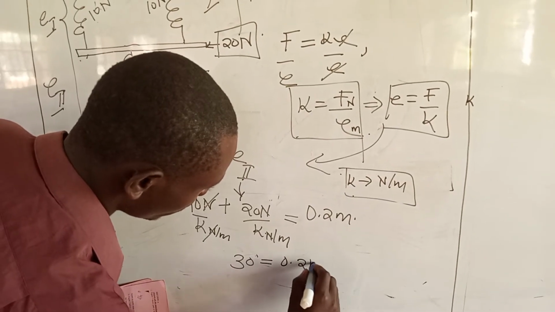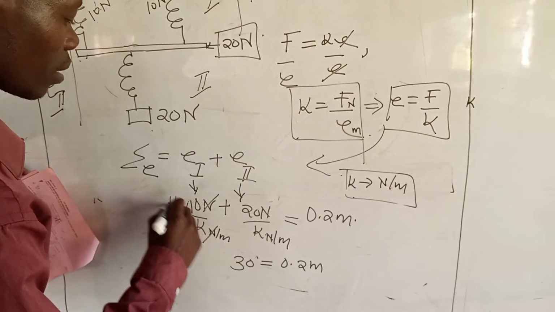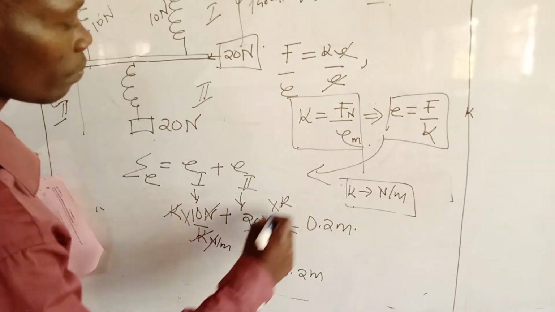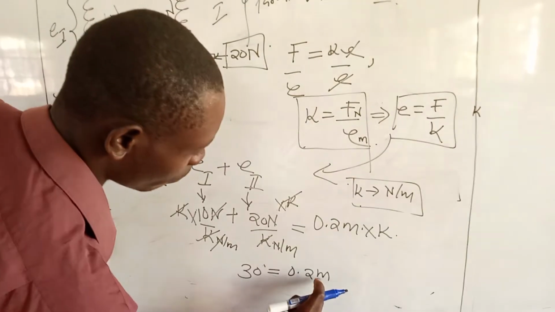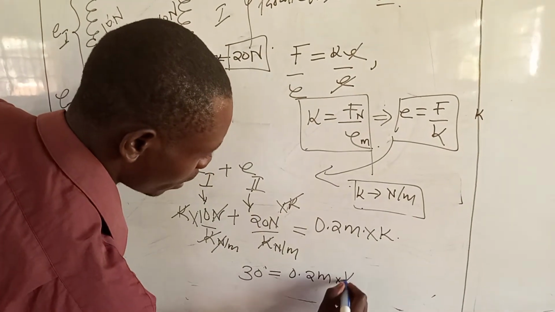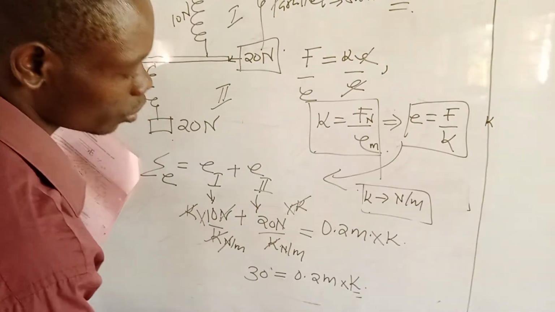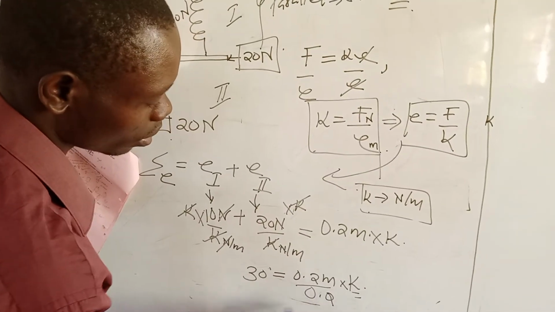0.2 meters. Remember, if I take times K to remove this K, I will also multiply by K here. So I'm going to have times K here. Now, if I want K, what do I do? I divide everything by 0.2.